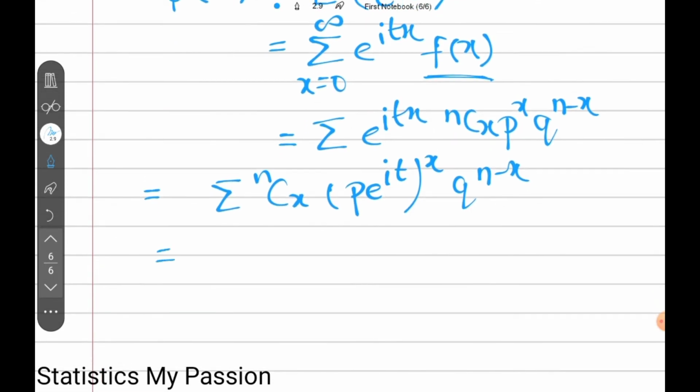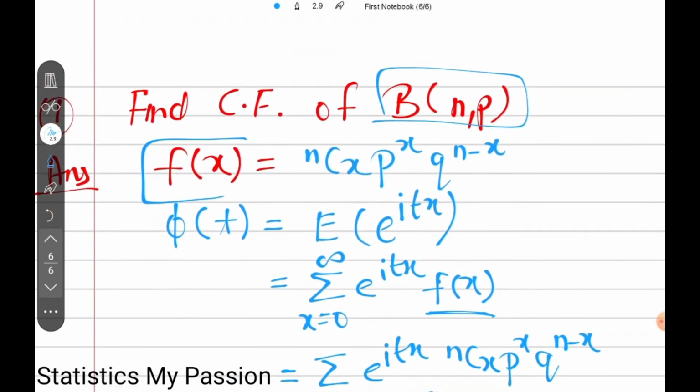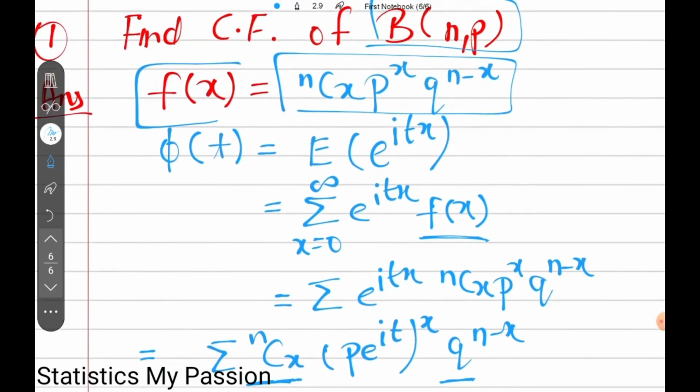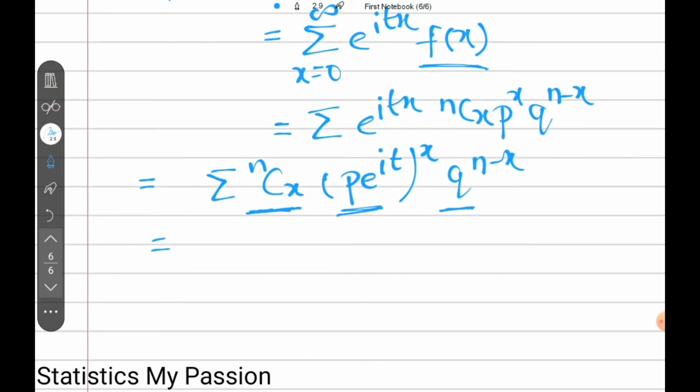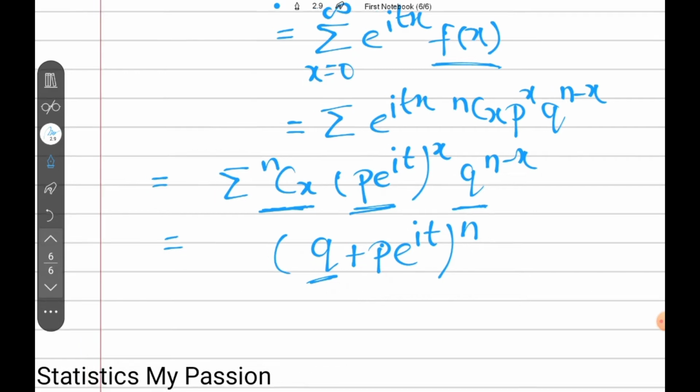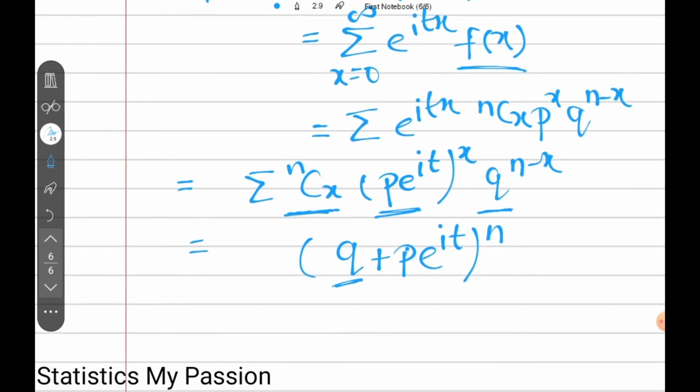If you see it, it is the same as the binomial expansion, but p is changed to p e to the power it. So it is (q plus p e^(it)) to the power n. This is the characteristic function of the binomial distribution.